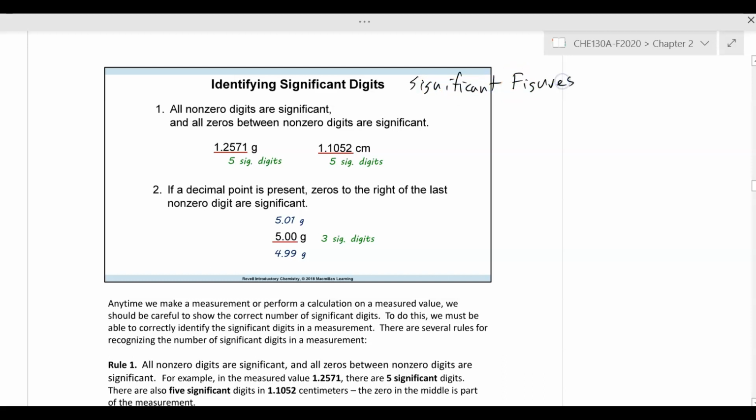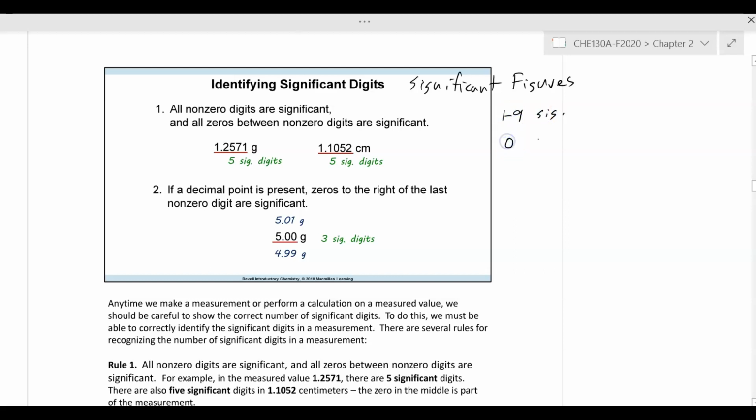What that refers to, if you think about all the numbers making up the number, is which ones are significant and which ones are not significant, which means which ones we do not really know. And the rule's pretty simple. If you have a numeral that's 1 to 9, it's going to be significant.